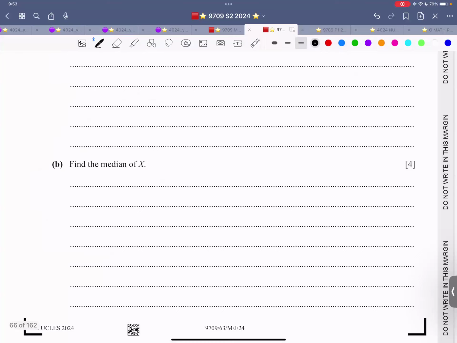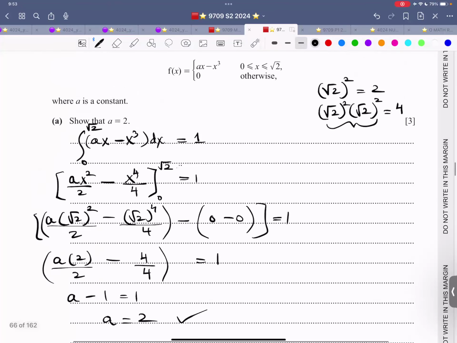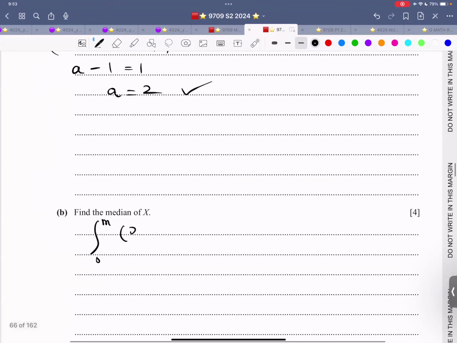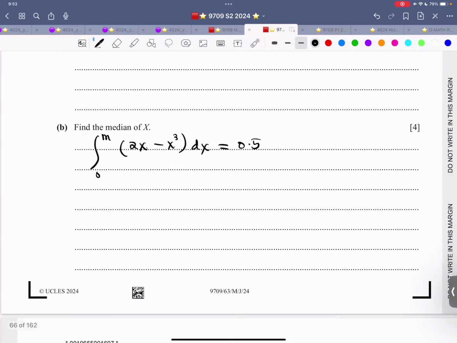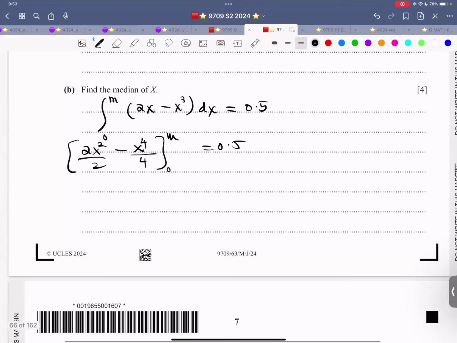Find the median of x. So now the lower limit is 0, the upper limit is m, and this is ax minus x cube. That is 2x minus x cube between the limits 0 and m equals 0.5, because 50% lies below the median. 2x squared over 2 minus x4 over 4 between the limits 0 and m equals 0.5. So this 2 cancels out.